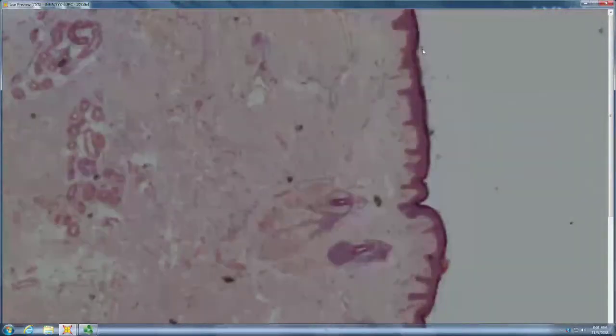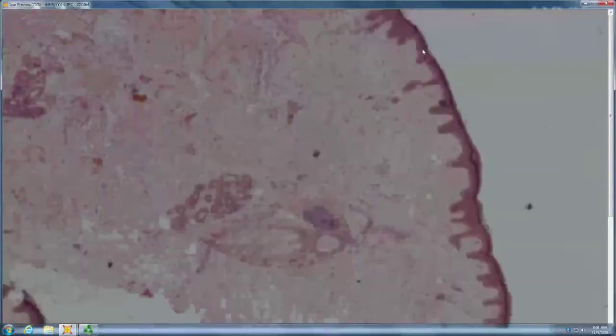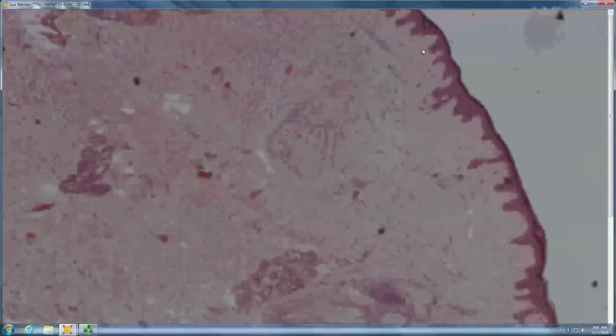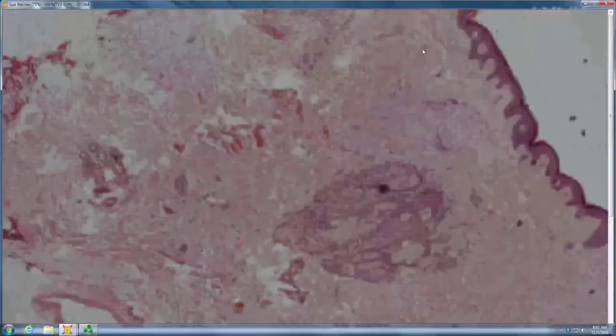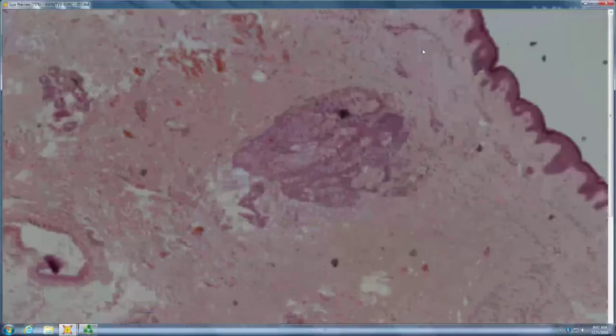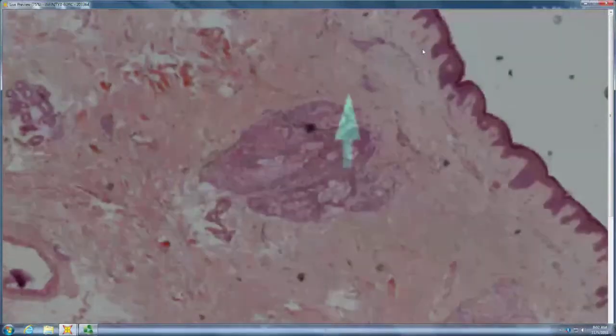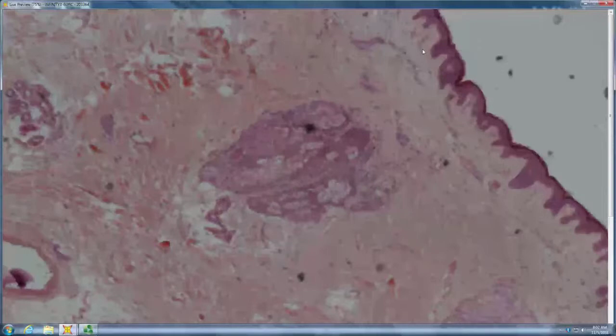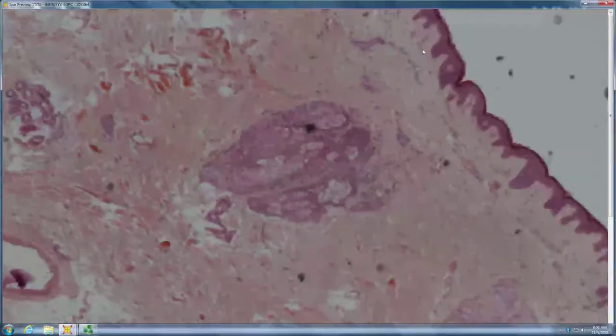Alright, so it looks like not a ton of inflammation. Lymphoid. Yeah. Where are your hairs? Pilosebaceous units. Hairs are absent. But your follicles are there, right? They're just converted to sebaceous follicles.